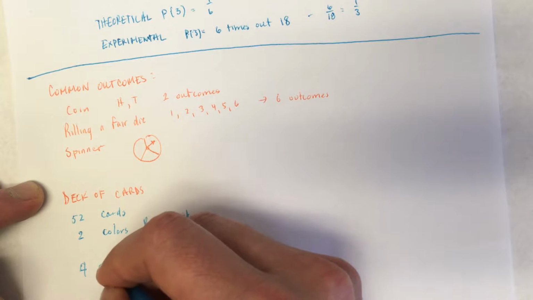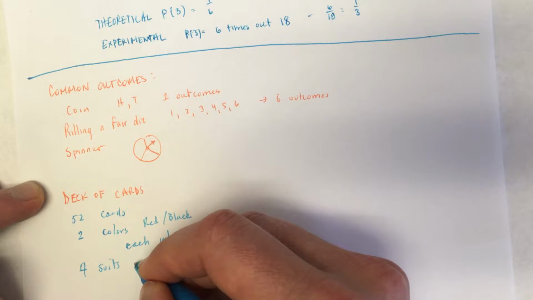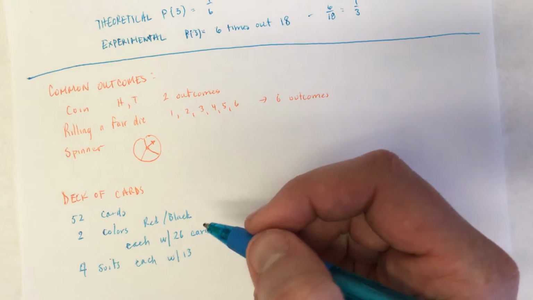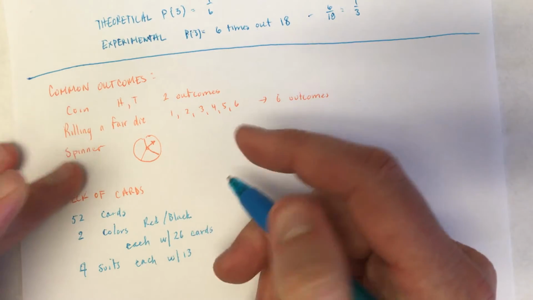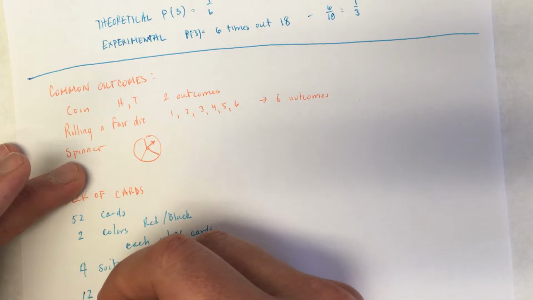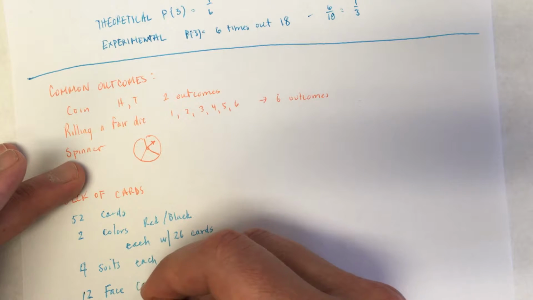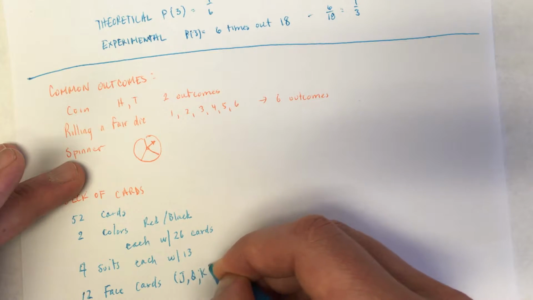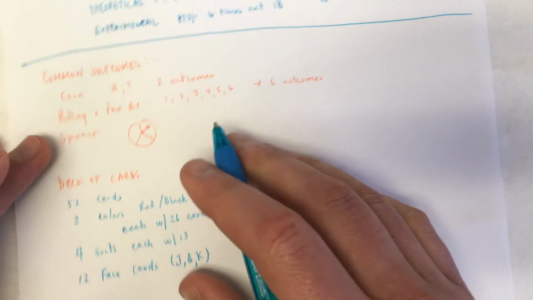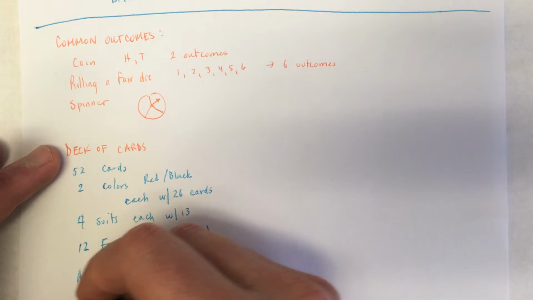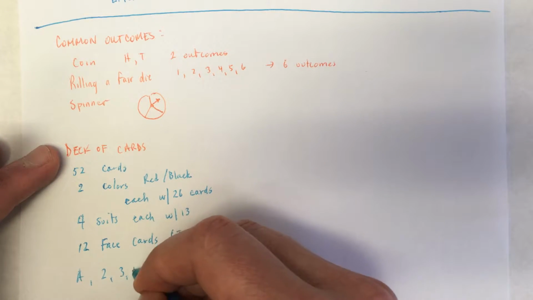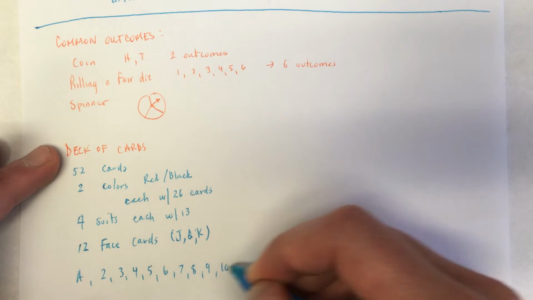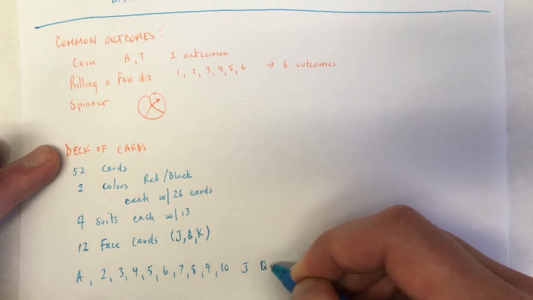There are 4 suits, each with 13 cards. 4 times 13 is 52. 2 times 26 is 52. There are 12 face cards: Jack, Queen, and King. And here's the outline of all of those: Ace, 2, 3, 4, 5, 6, 7, 8, 9, 10, Jack, Queen, King.